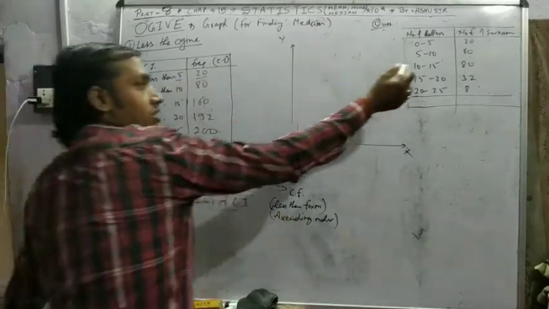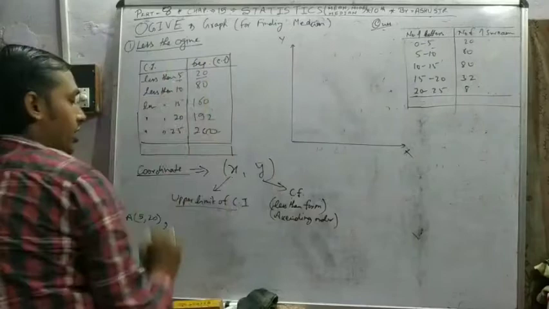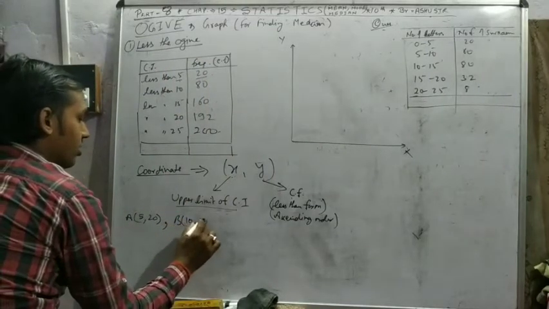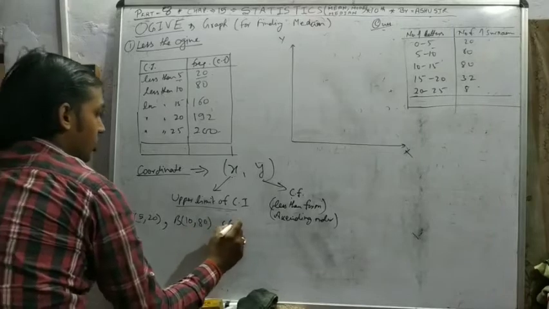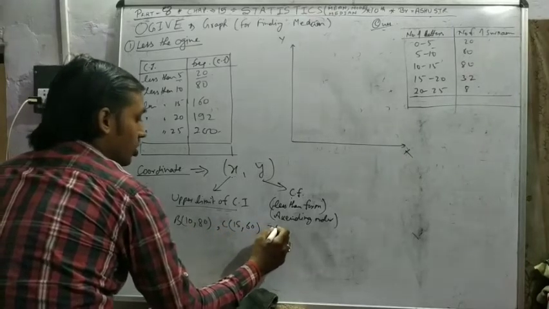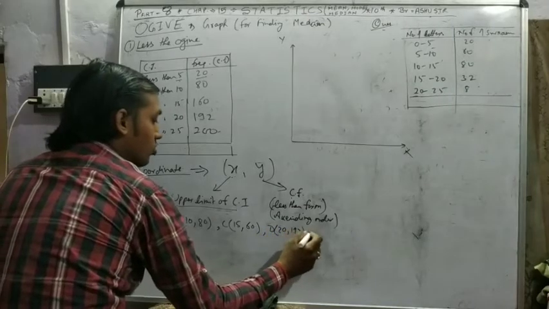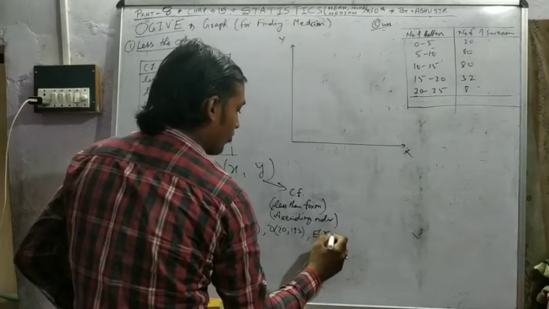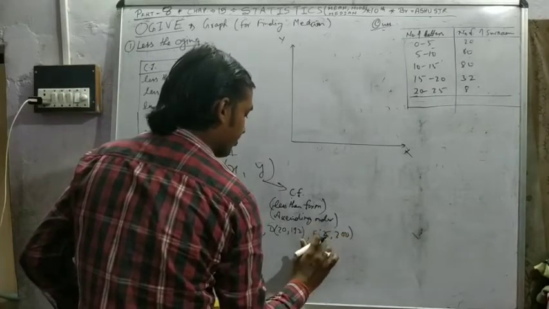So upper limit is 5 and CF is 20. B, 10, 80. C, 15, 160. D, 20, 192. E, 25, 200.